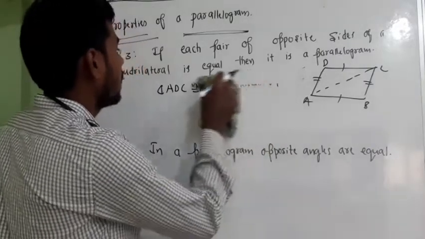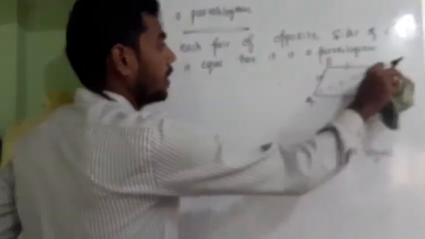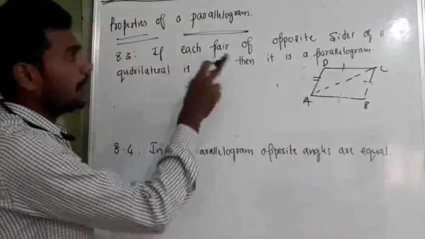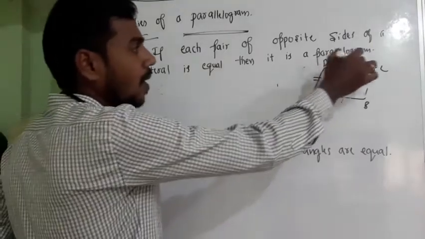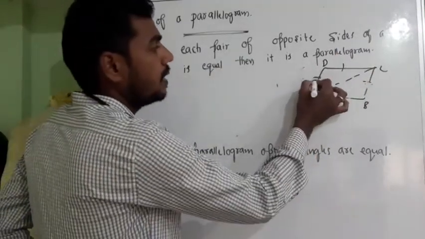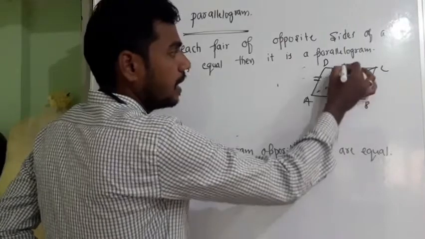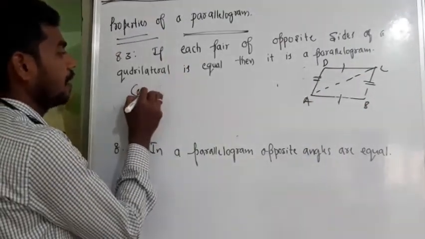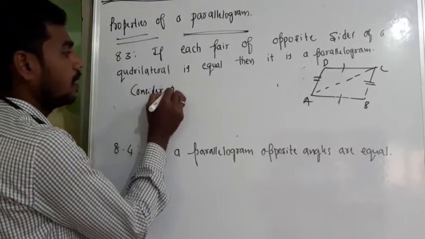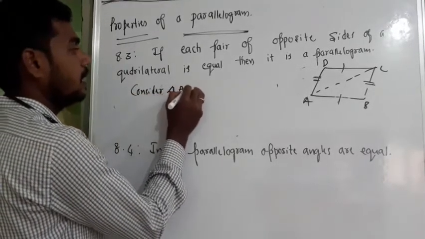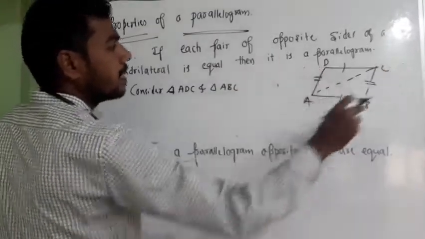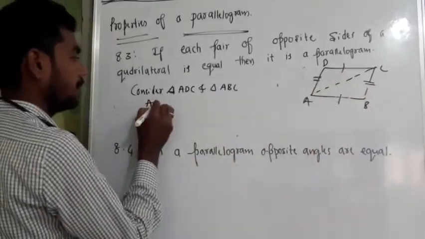Sorry, directly I can't write this. If I take it as a parallelogram, directly I can write it. See what they're telling: I have taken a quadrilateral in which opposite sides are equal. I don't know whether it's a parallelogram or not. Consider triangle ADC and triangle ABC. Now, what they are saying is opposite sides are equal. AD is equal to BC.